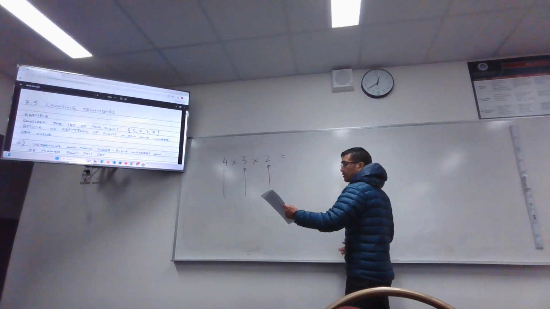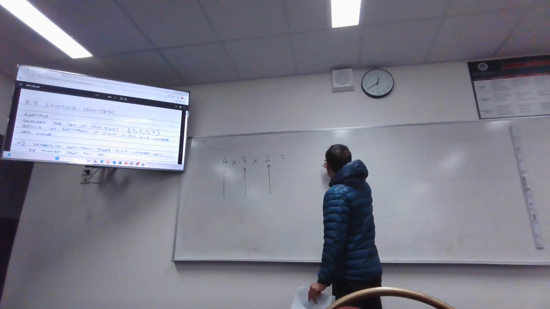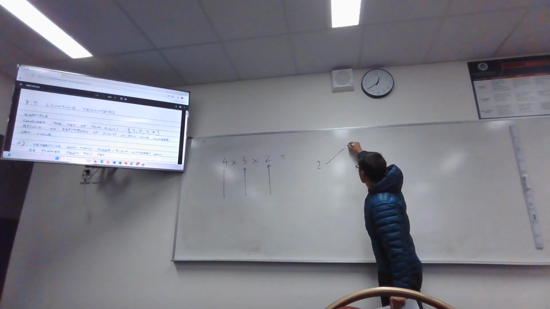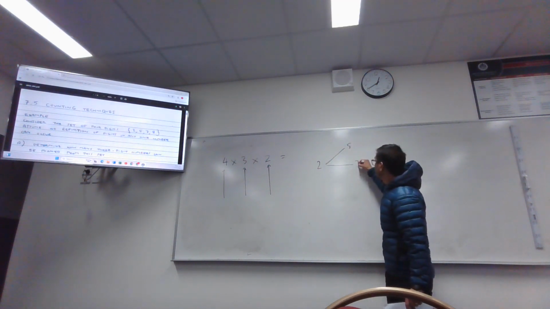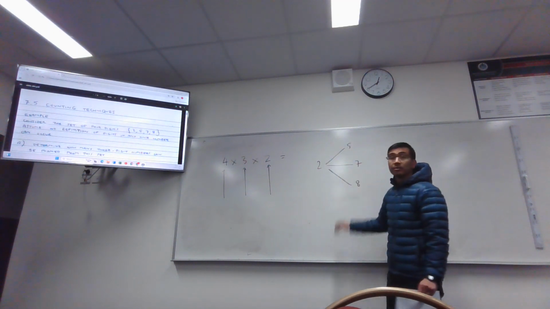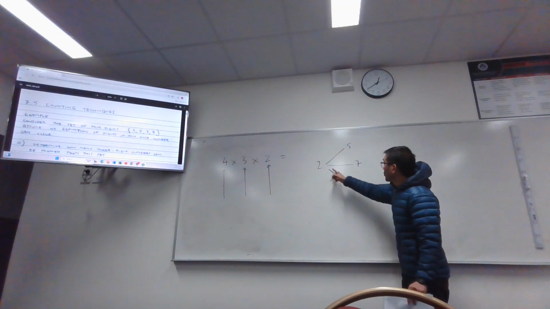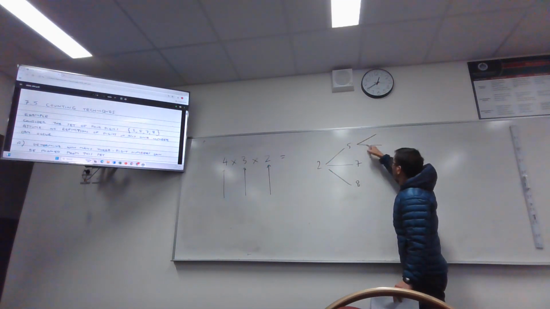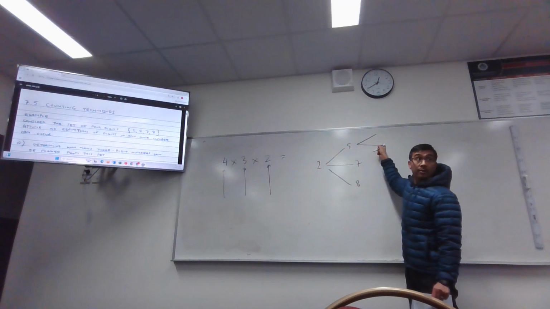The other way to look at it is, this is the long way. We could start off with the number 2. Then that 2 could be followed by 5, 7, or an 8. But if we went 2 and a 5, what would the other 2 options be up here?